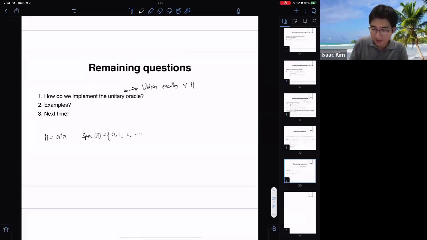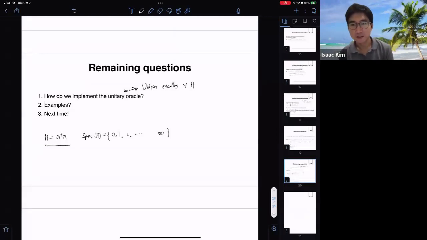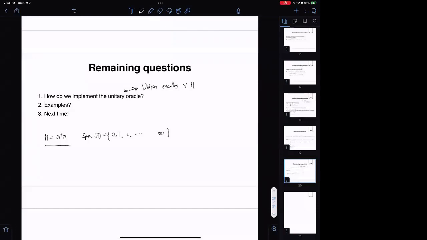Forgive me, I forgot the lowest energy, but it goes all the way to infinity. So unless you somehow truncate the Hilbert space to a smaller Hilbert space, you cannot encode this H into a unitary. Good, that was a good question.